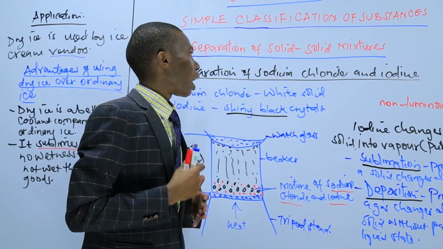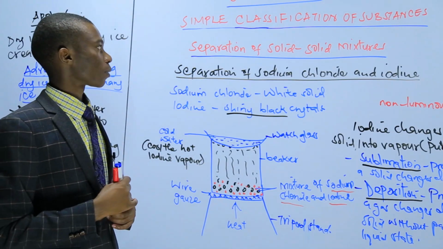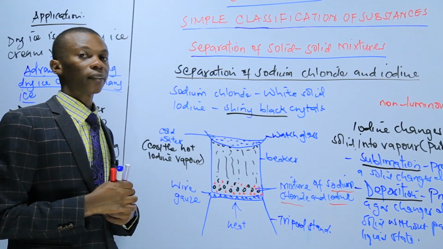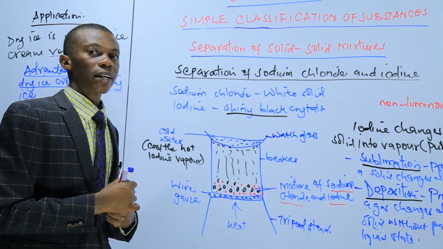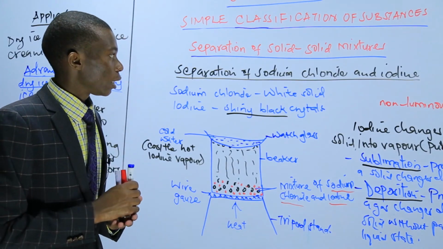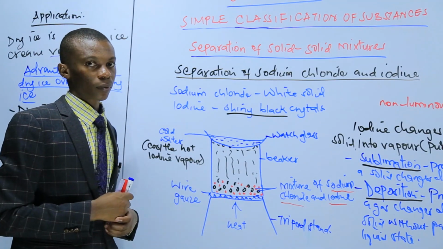And I want to go through what we have discussed in this lesson. In this lesson, we were discussing separation of solid-solid mixtures, and our solid-solid mixture was sodium chloride and iodine.